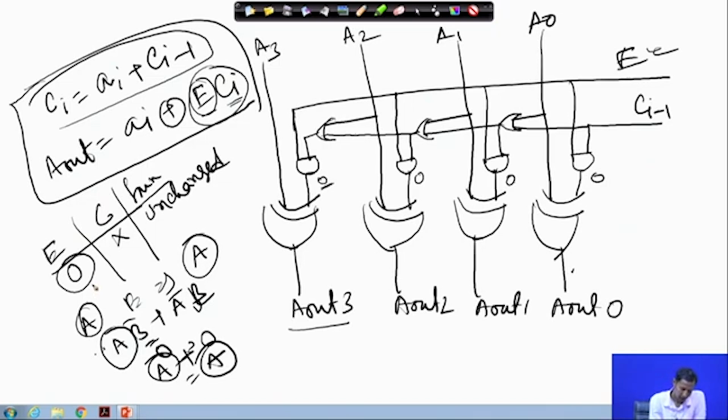So, next is whenever it is 2's complement, right. So, whenever E equals to 1, that means this bit is 1 and Ci equals to 0. So, at that time what happens? So, 0 means here this bit is 0. So, this will come to 0, okay.